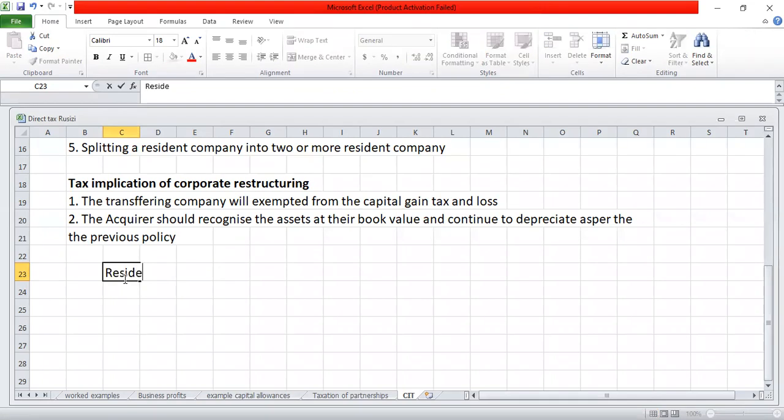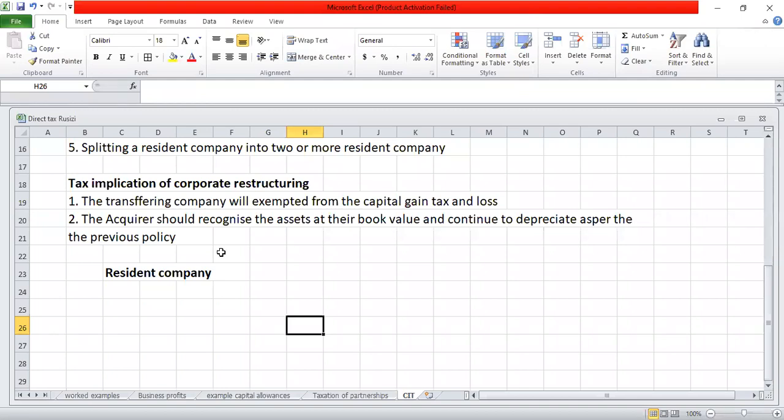Let's also talk about this resident company. We looked at resident in the video. A resident company is a company that, one, was established under the Rwandan commercial law.